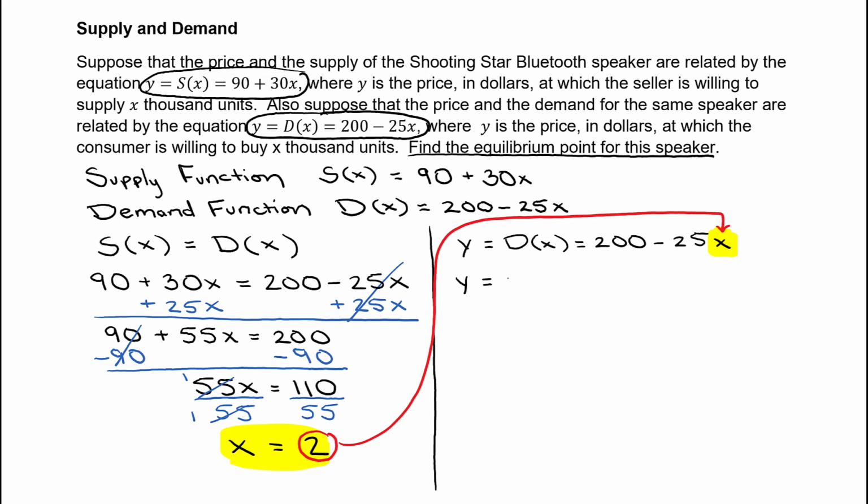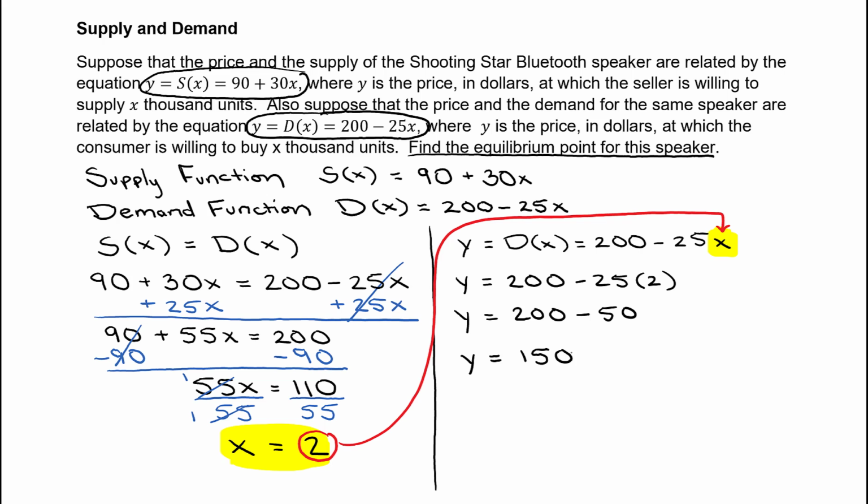We don't need to write down the d of x anymore. I'm just going to write down y equals 200 minus 25x. Instead of x, I'm going to write down a 2 since we're substituting 2. And we're going to have y equals 200 minus 50 and y equals 150.